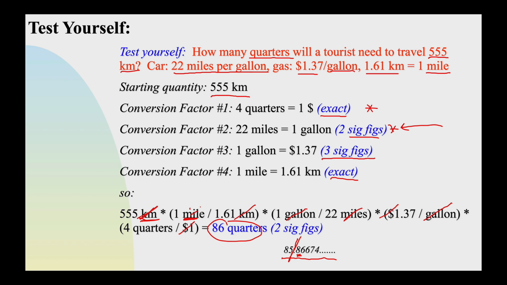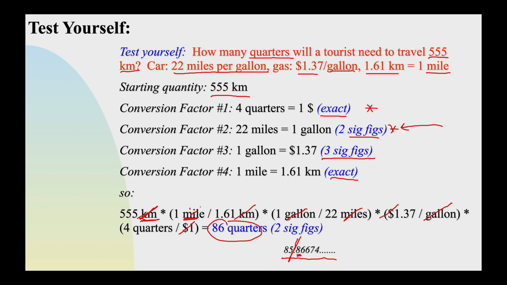And if you can do this kind of problem, please do it. When you put this in your calculator, don't hit enter in between. So again, if you go 555 divide 1.61 divide 22, etc., you can do this all in one stop. So don't go 555 divided by 161 equals. That's too many pushes of the calculator buttons. Just do it all without hitting enter.